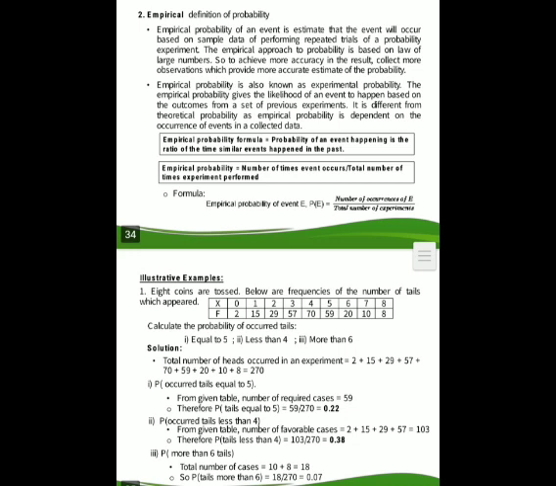Solution. The total number of students is equal to 63 plus 142 plus 500 plus 320 plus 175, which is equal to 1,200. Probability that a selected student gets marks under 140: there are 63 plus 142, which is 205 students.